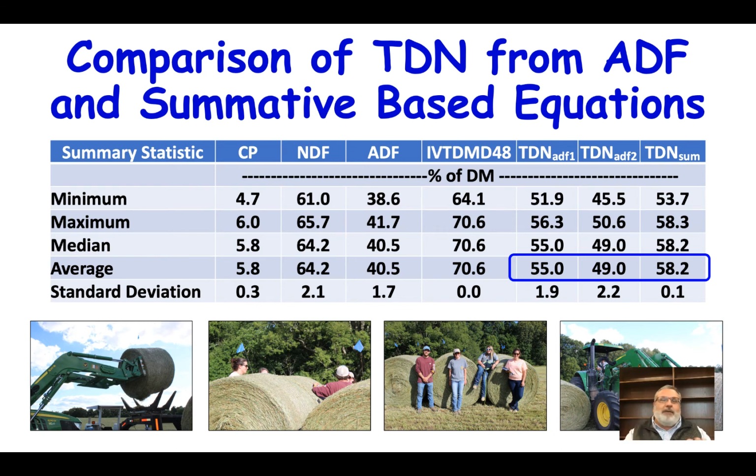It can vary by as much as 10 percentage points for total digestible nutrients. When we look at the 3rd equation, which is probably our best estimate of energy because it's based on the actual fiber digestibility of those grass hay samples, we have 58.2%, which is a little bit higher than our first ADF-based equation.